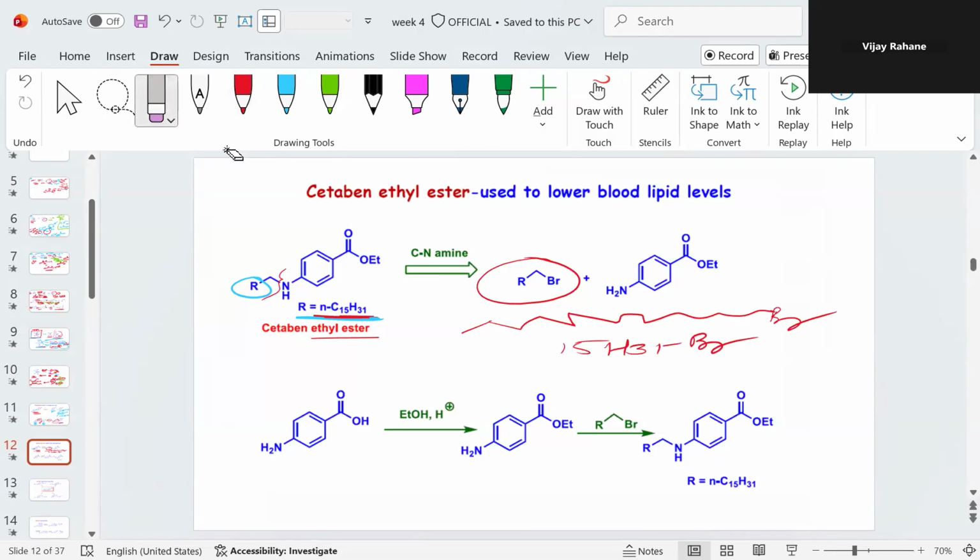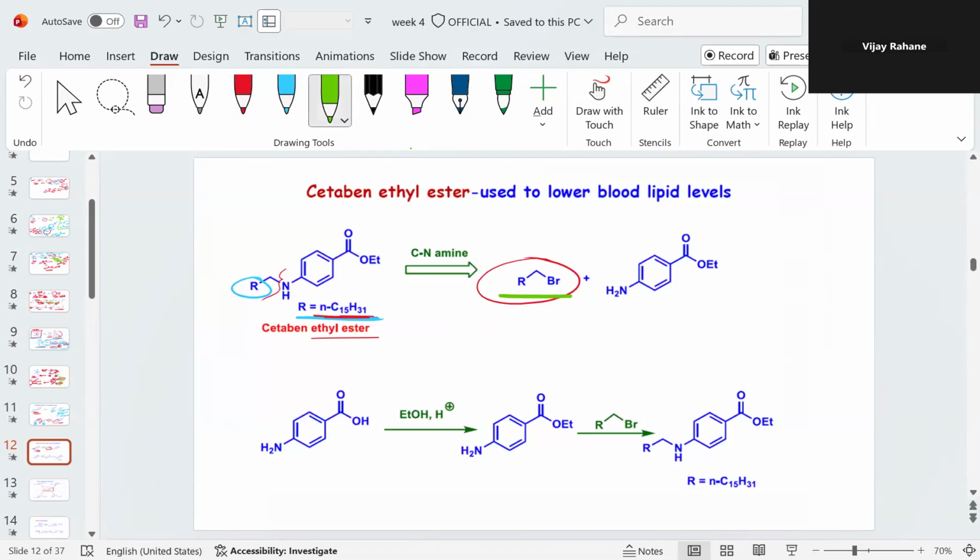This is basically the starting material, so you just write down the general formula. This is the alkyl bromide, and the remaining part is the ester, and I believe this is a commercially available ester. Otherwise, we can also do the further retrosynthesis of this amino ester also.